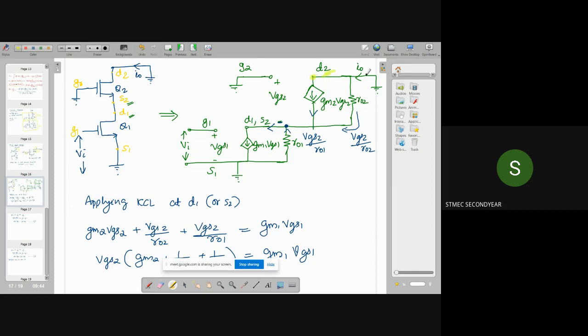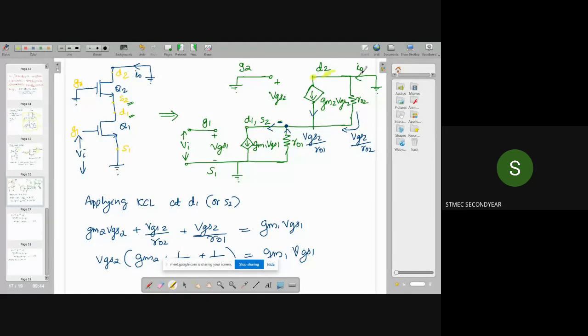First, observe the current entering and leaving. At this node, the current entering the node is this I0. The current leaving the node is, first, GM2 into VGS2, and next, the current passing through the resistor R02, which is VGS2 divided by R02.